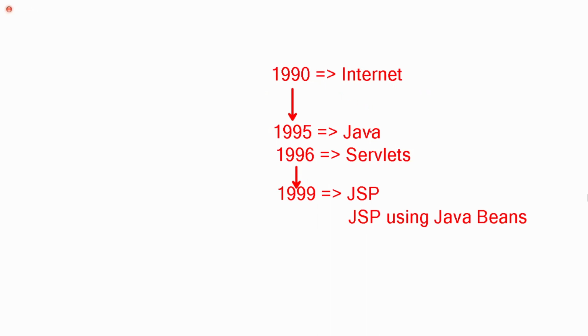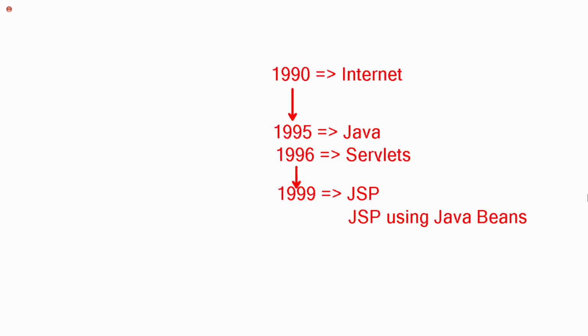When Java came, other programming languages stopped being used to develop internet applications because, as compared to them, Java is more secure. Java became popular and it was booming in the industry. It is still booming for developing internet applications.